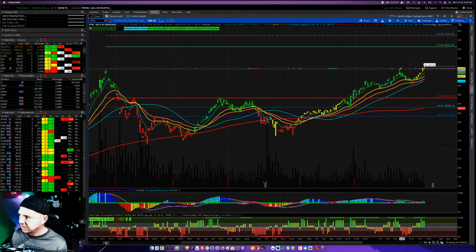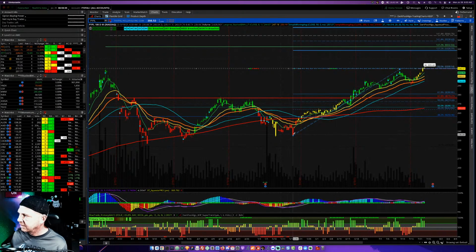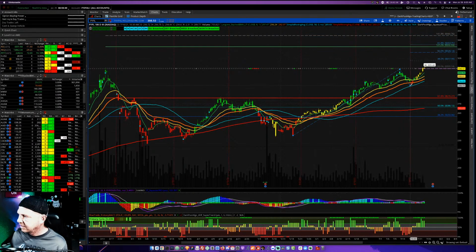If I do a shorter time frame one, I'm going to do extension. And all I'm doing is looking for symmetry, right? Seeing if I can get anything to line up, and I did.